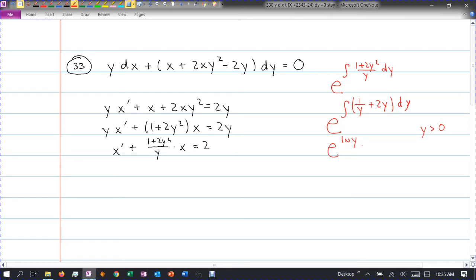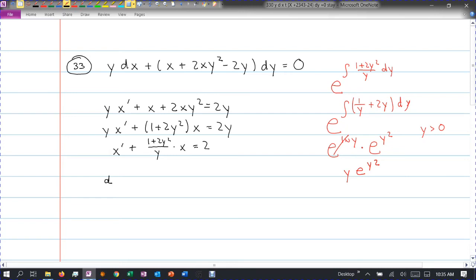And then the antiderivative of 2y is y squared, so we're going to have times e to the y squared. And then this just becomes y, and this right here becomes e to the y squared. All right, so there's our integrating factor.